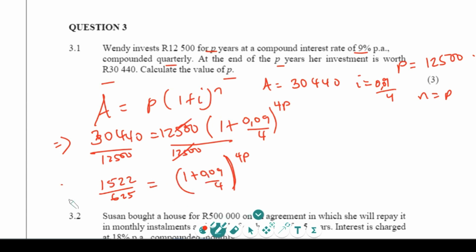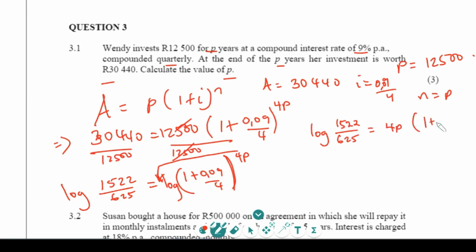So that will be log, and then log. From the second law of logarithms, I know that this 4P must become a coefficient. So it's going to be log of 1522 over 625 is equal to 4P times log of 1 plus 0.09 over 4.